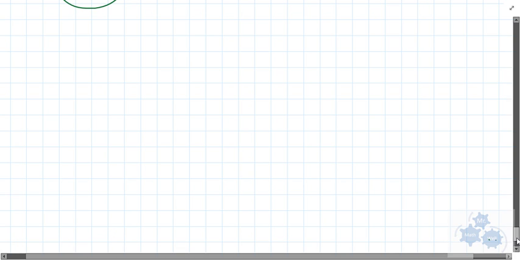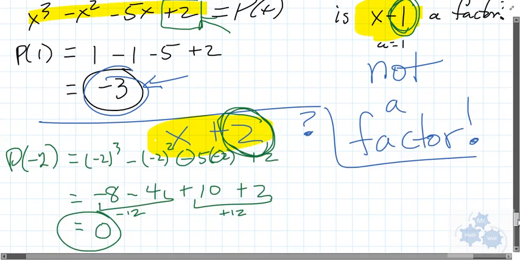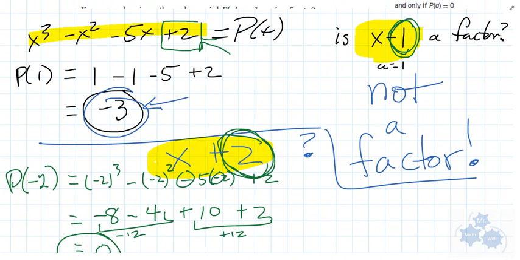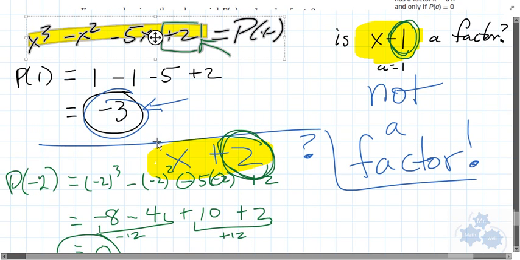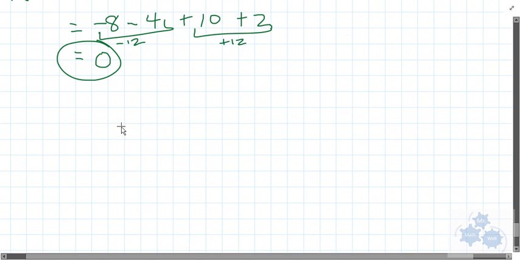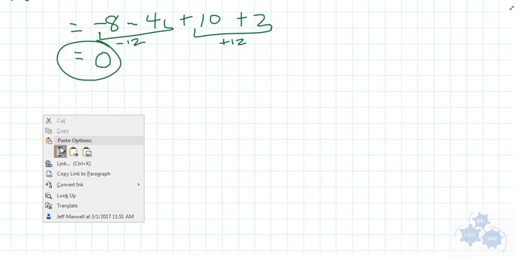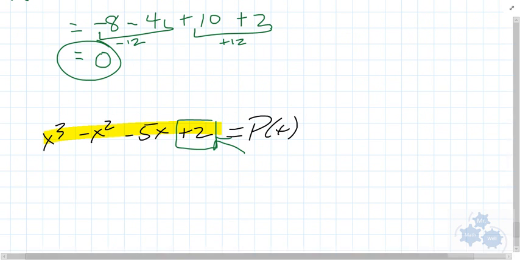Oh, good question. Does it matter if it's positive or negative? Well, here's the thing. Let's take this exact example right here, and I am going to cheat just a little bit, and I'm going to lasso this, copy it, and paste it there. I'm going to clean it up just a little bit here.